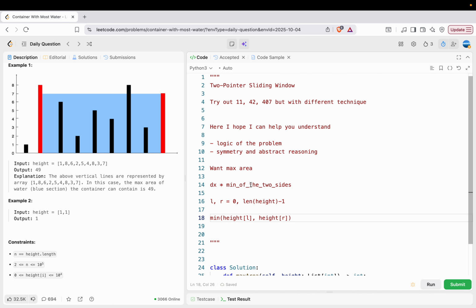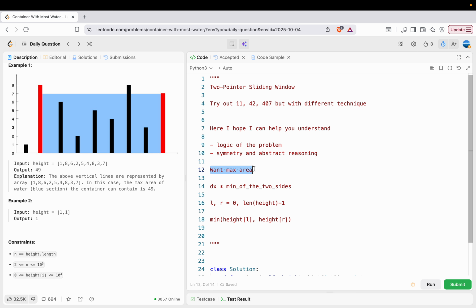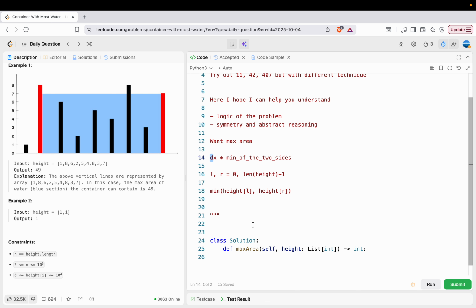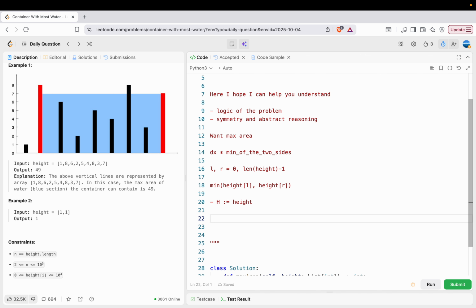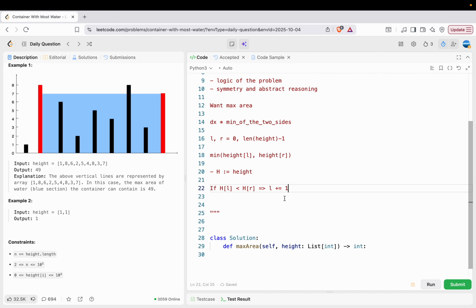But if you understand the goal is to maximize the area, once you maximize this one, you get this information, then what you can do is this. Let me use capital H to represent the height, for convenience of writing. First, if HL is less than HR, in this case, I would increment L by 1. So this is the logic.